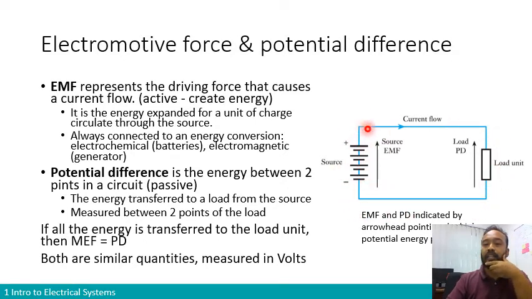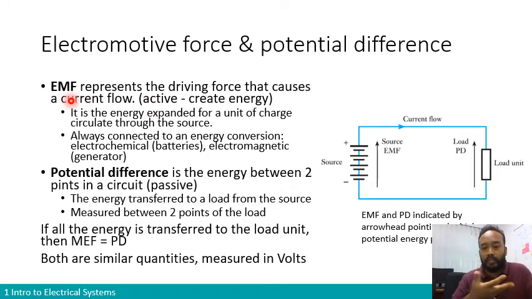But if you measure the voltage across a source and the voltage across a load, they technically have different names. If you measure the voltage across a source, that's what we call electromotive force. Why is it named electromotive force? It somehow represents the force that wants to push the charges to move, right?